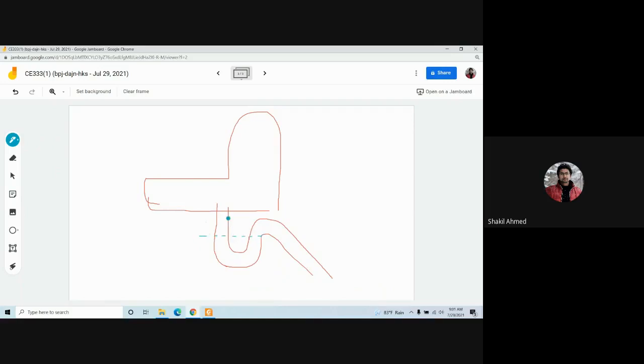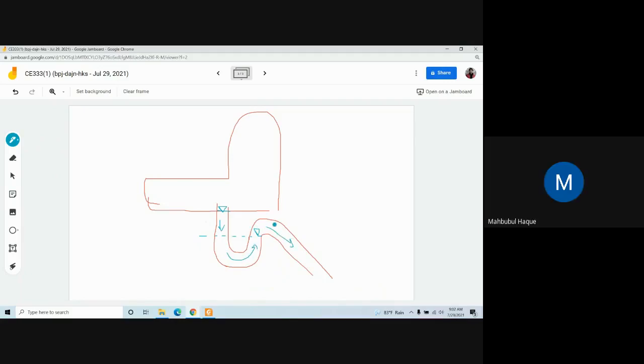As long as the water level is above this point, what will happen, guys? The water will flow from where the water level is here to where it is here. As long as it is here, will the water flow in this direction? The water will flow, right? Yes, sir.